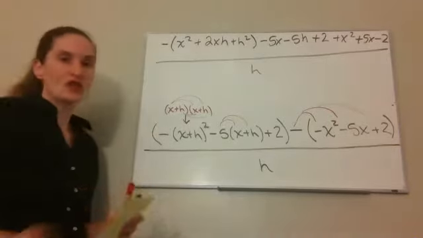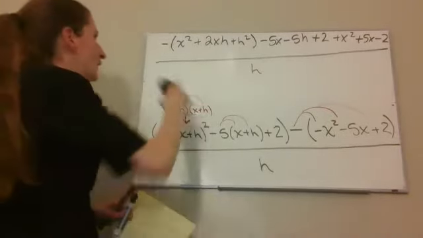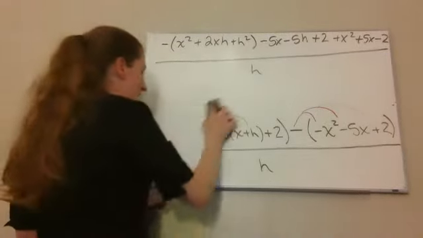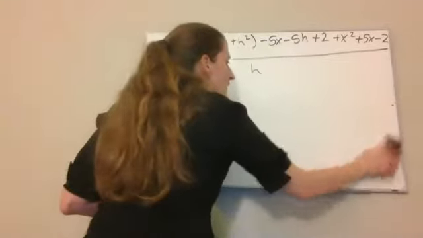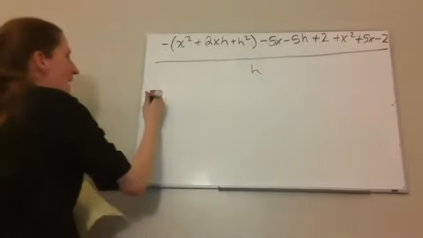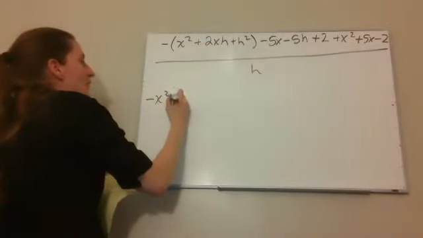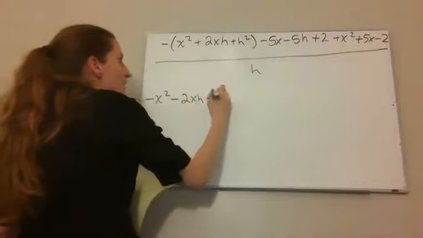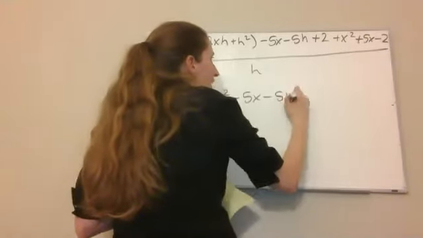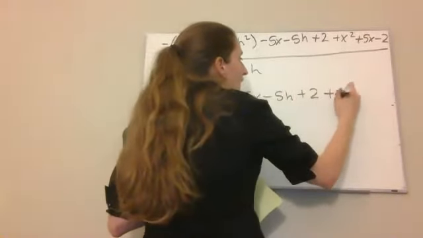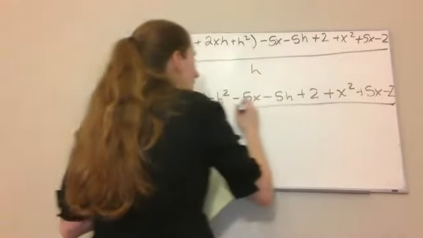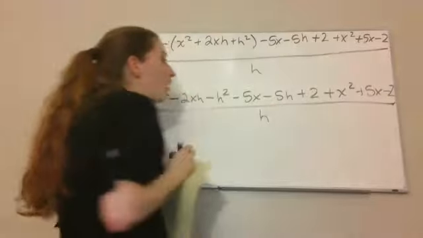So before I start trying to combine some like terms together, let's distribute this minus sign into that (x plus h) squared that I expanded out. So all across the top, I'm now going to have a minus x squared minus 2xh minus h squared minus 5x minus 5h plus 2 plus x squared plus 5x and minus 2. That is a lot of stuff, and it's all over h.